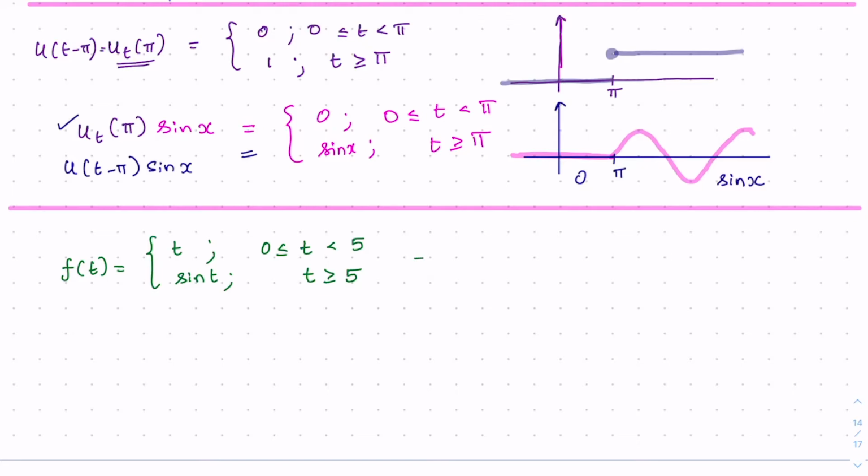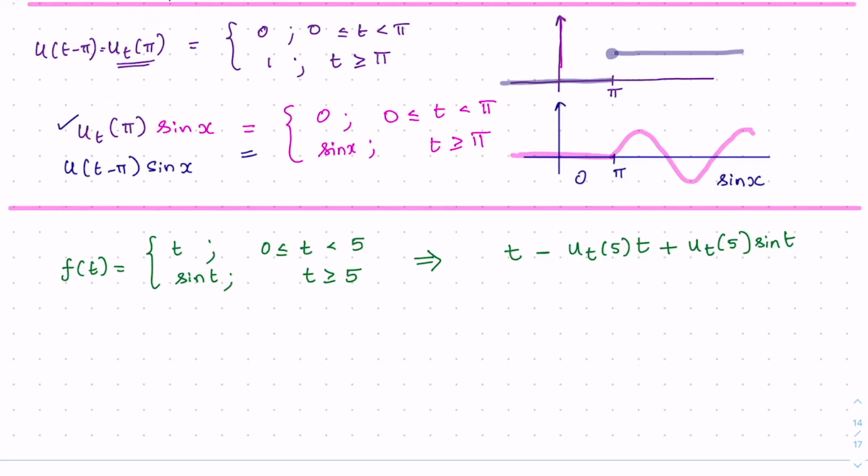This function is going to be rewritten as t minus u_t of 5 times t. That means I'm making that t go away at 5, and I'm adding sine t at 5. I'm adding sine t at 5, I'm deleting t at 5.